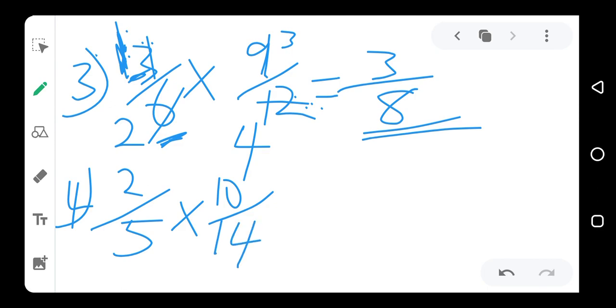How can we multiply this? We cannot go straight and start multiplying the one on top and the one below. First of all, we have to check whether there is anything that can divide something on top and divide below.